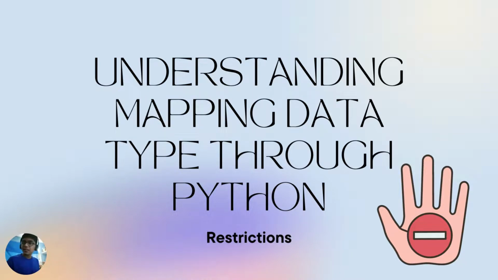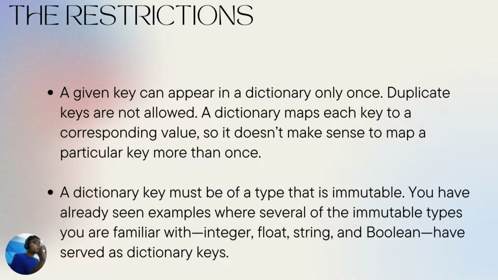Nothing comes free and nothing comes without any conditions. So dictionaries also have certain conditions that we all need to comply with. However, there are a couple of restrictions that dictionary keys must abide by. Just repeating the same thing. A given key can appear in a dictionary only once.